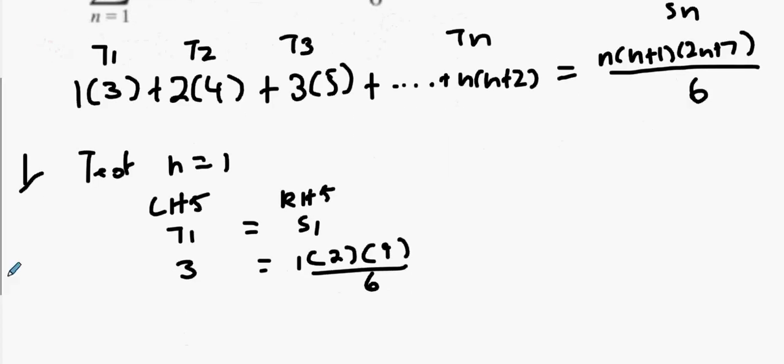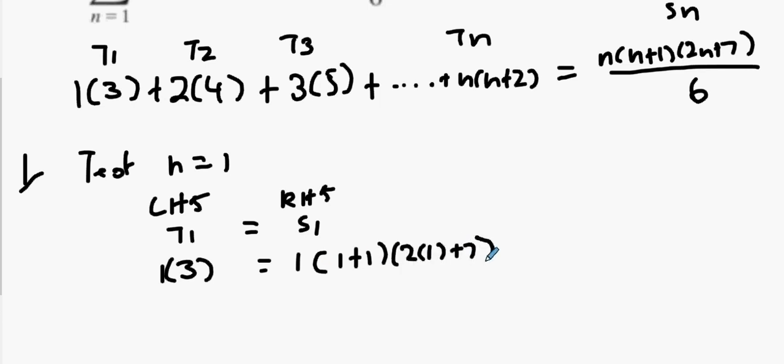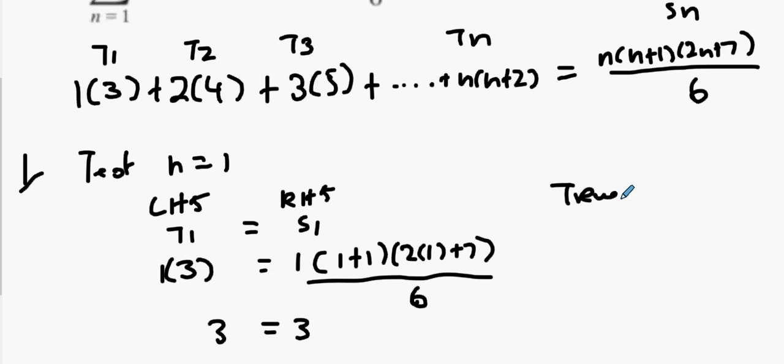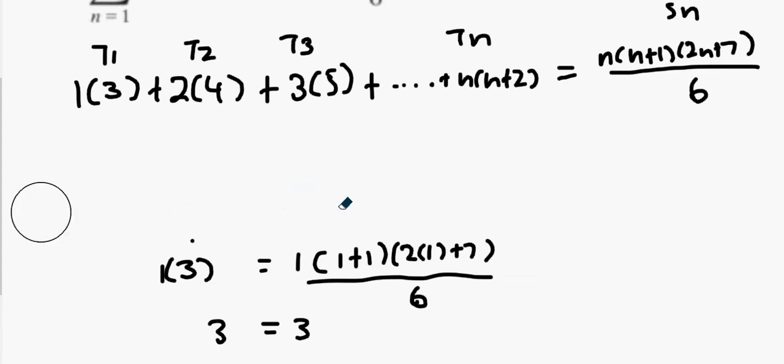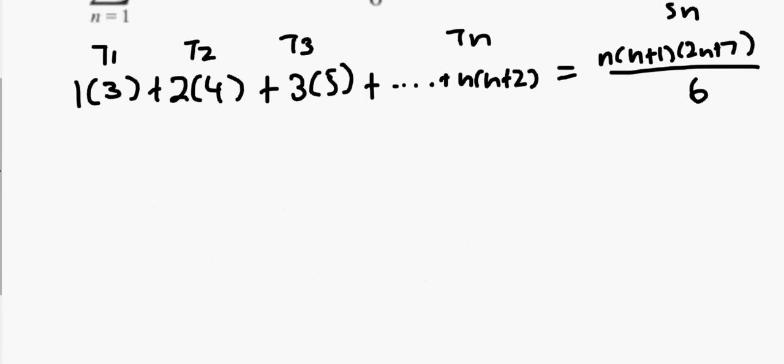Now you probably want to show the sub in there, to be honest, guys. You probably want to show that you subbed it in, show your intent marks, but just throw it straight into the calculator. 3 equals 3, and then say true for n equals 1. Alright, once again I'm going to get rid of step 1 just because I want to be closer to the top of the board, and now we're going to step 2.